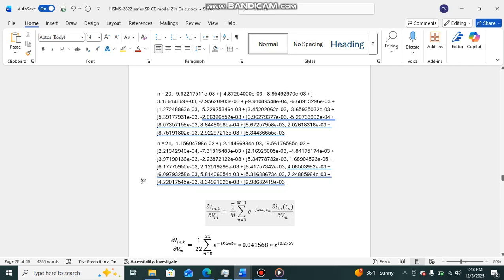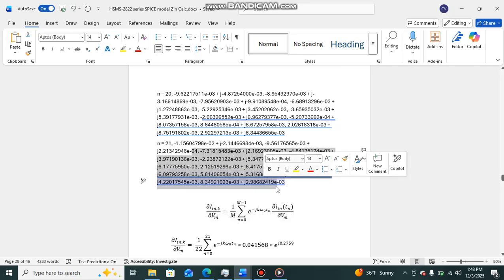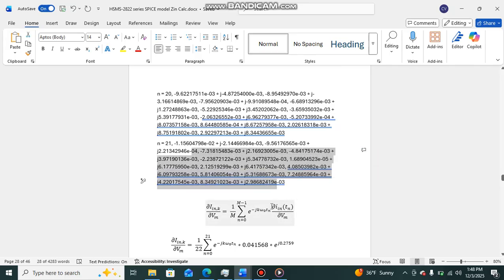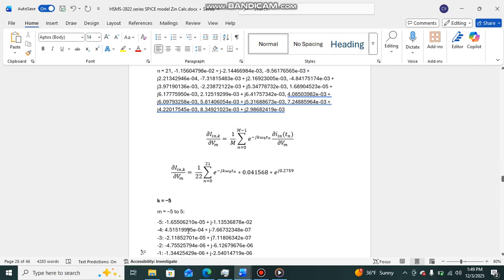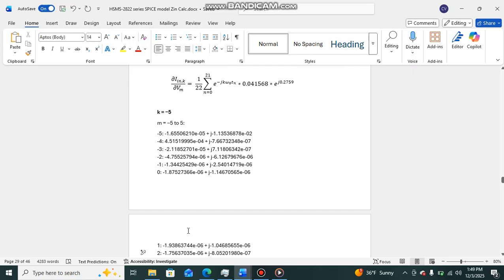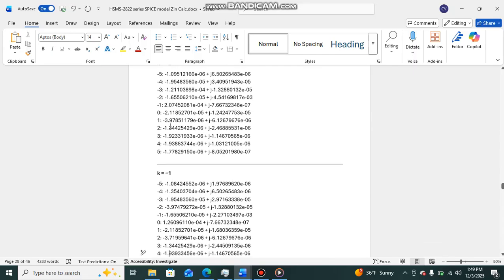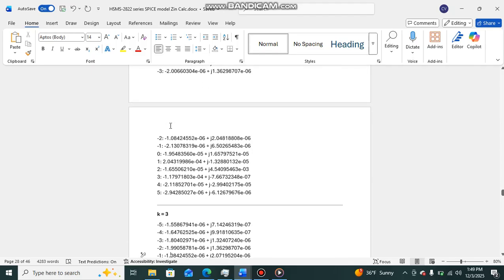So we do the summation from 0 to 21, multiply that by 1 over 22, plug in our values as we have up here into the time domain Jacobian, and we can find all the frequency domain Jacobians here from -5 to 5.